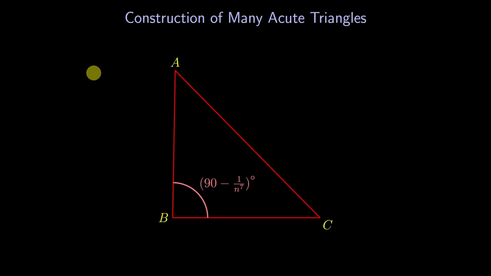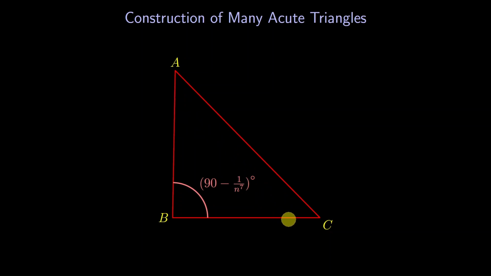Here is the construction. We'll try to mimic our 3-set construction for hypergraphs using points in the plane. We'll start with 3 points that form an acute triangle. Call the points A, B, and C. The angle at B will be just under 90 degrees. The angles at A and C will equal each other, just over 45 degrees.